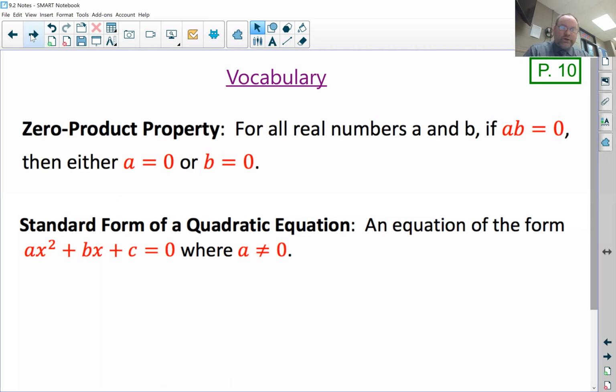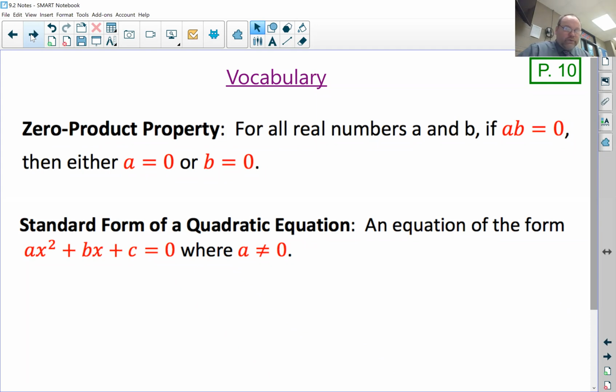So what we're going to do with our quadratic equations, we're going to get them set equal to 0, factor if we can, and then set our factors equal to 0 and see what value for x gives us a solution based on the zero product property. And the reason we use the zero product property is that for every other number, there are an infinite number of ways to multiply to get it. So for 0, just one of the two things has to be 0.